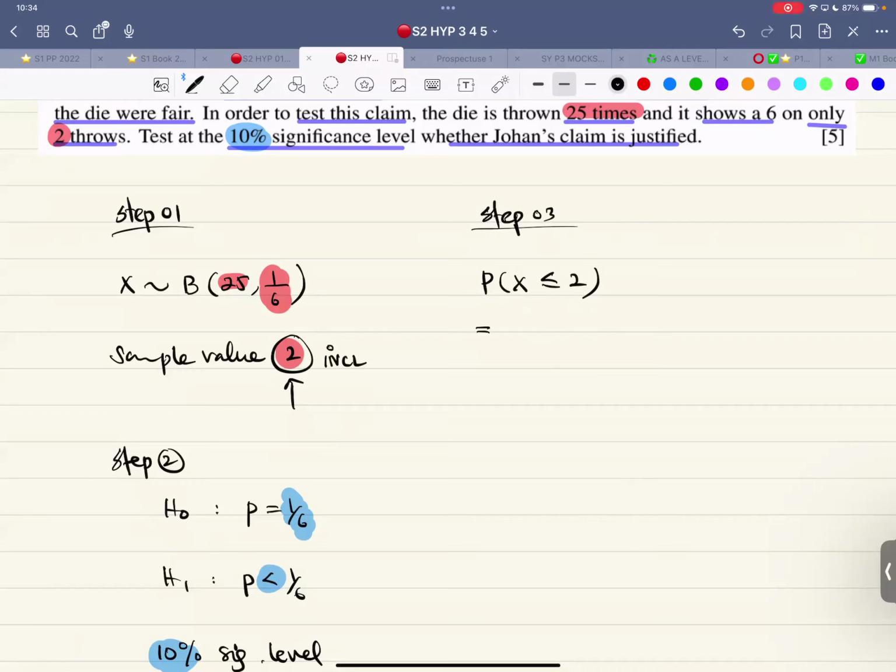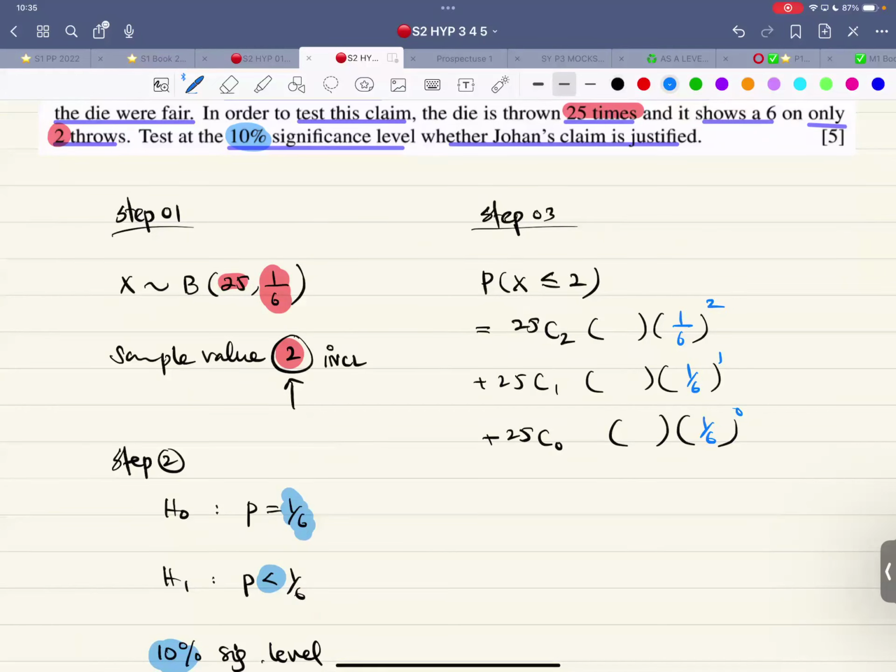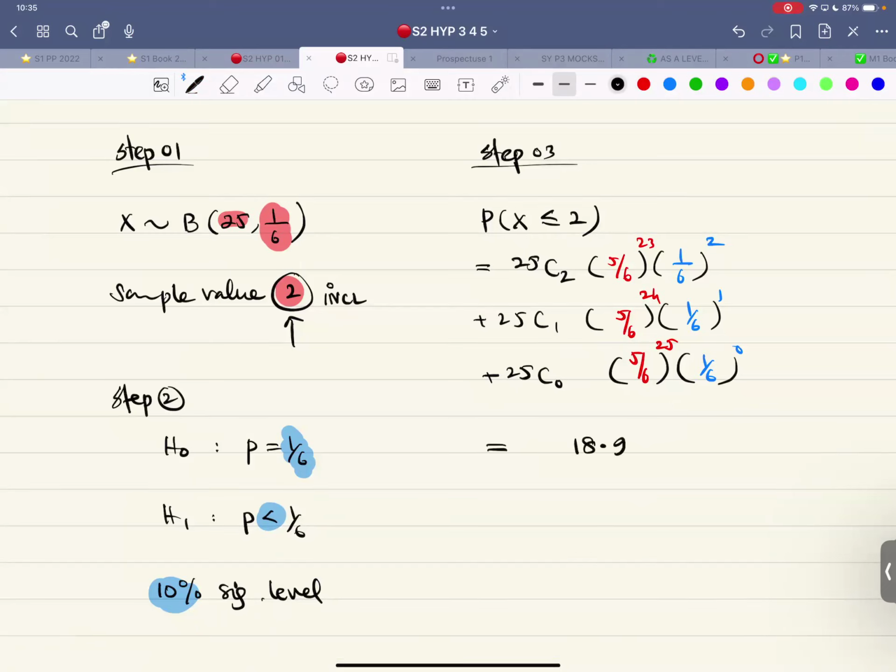So this is 25C2, and then 25C1, and then 25C0. Probability of success, that is 1/6 power 2, 1/6 power 1, 1/6 power 0. Probability of failure 5/6 power 23, 24, and 25. And then we would add up all the probabilities, and I think it comes out to be 18.9%.